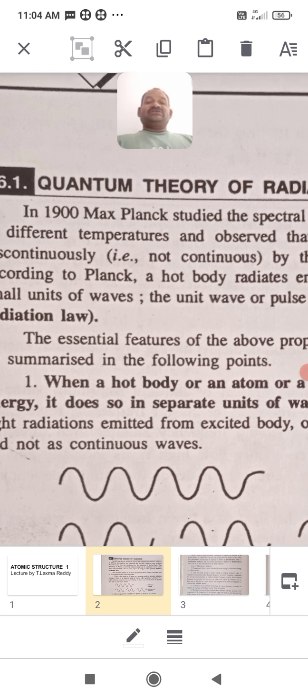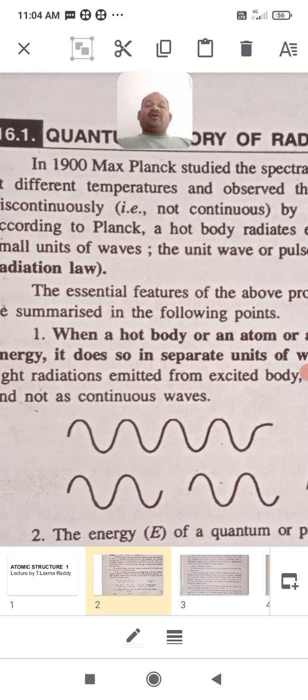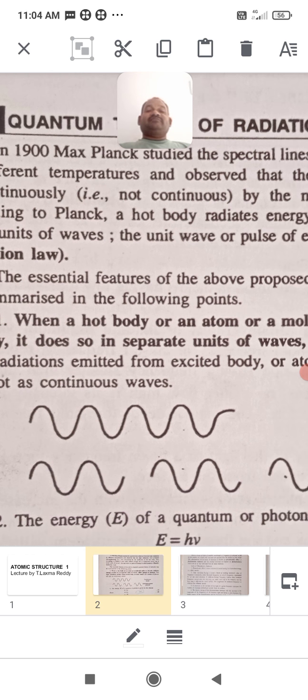Next, the essential features of the above proposed quantum theory of radiation may be summarized in the following points. What are the points? When a hot body or an atom or a molecule emits or absorbs radiation energy, it does so in separate units of waves called quanta or photons.